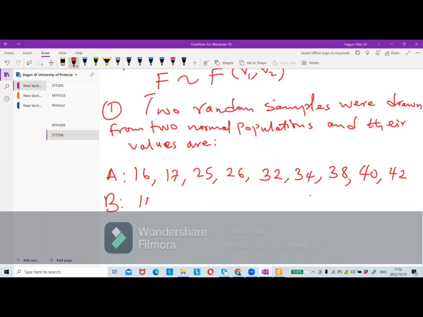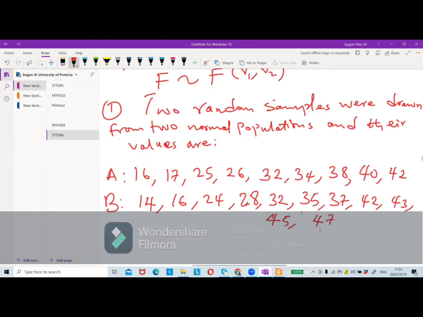Then we have 14, 16, 24, 28, 32, 35, 37, 42, 43, 45, 47. How many do we have here? 11.